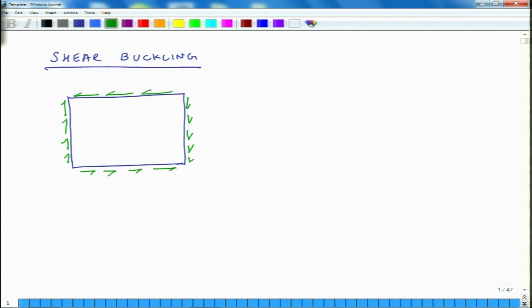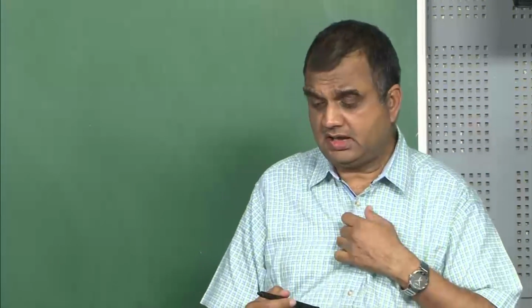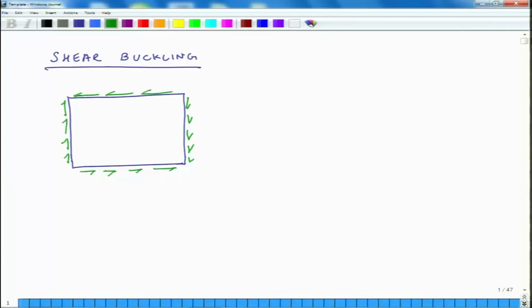Now, of course, if I subject a plate to a shear, it will also tend to rotate. I do not want the plate to rotate, otherwise it will be free to rotate. So, what I do is pin these points, the corners of the plate.